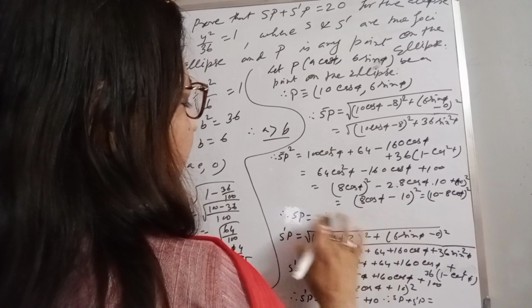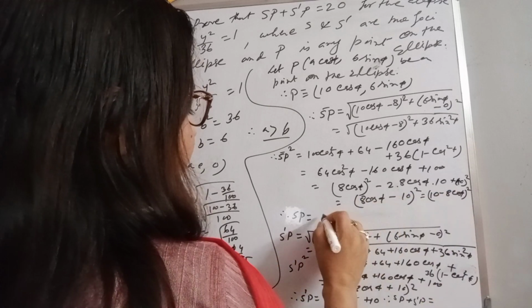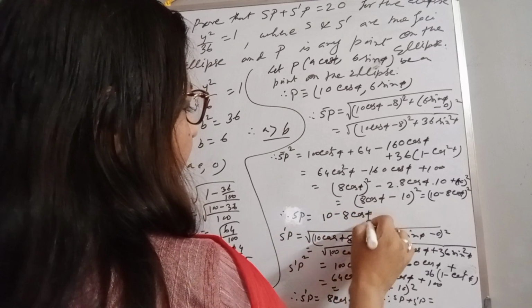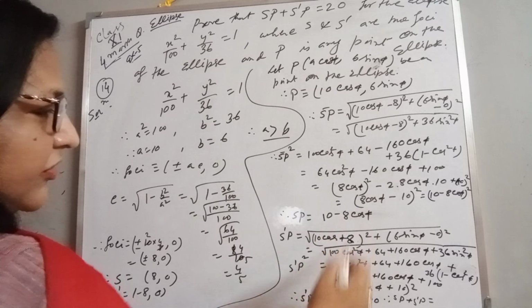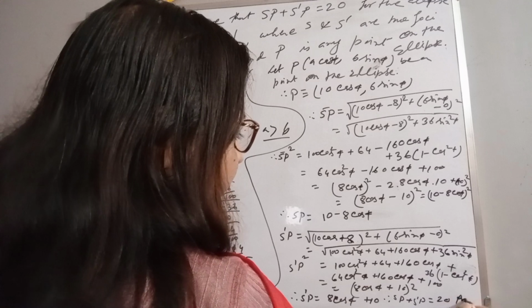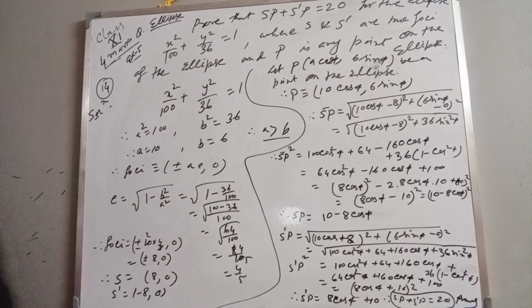So write it here. Otherwise, when we are adding, it is not coming. So I just change it. It will be 10 minus 8 cos phi. Okay. And here now add this plus 8 cos phi. Minus 8 cos phi and plus 8 cos phi will cancel and 10 plus 10 we will get is 20. And then it will be proved. Okay. So now next sum coming with new video.